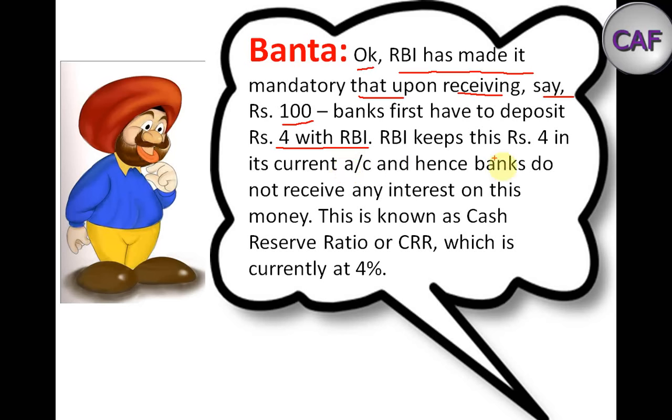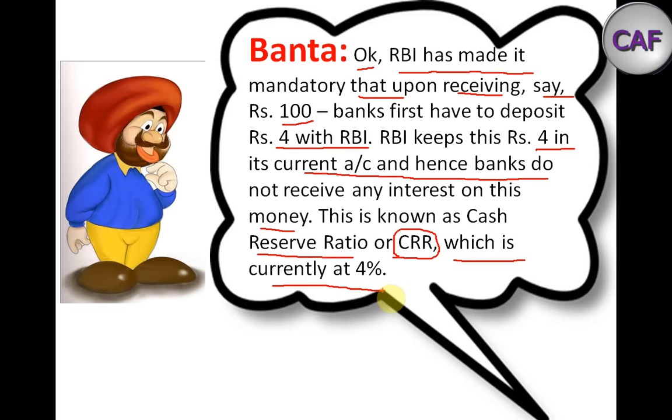RBI keeps this 4 rupees in a current account and hence the bank does not receive any interest on this 4 rupees. This is known as cash reserve ratio, that is CRR. So guys, I know you have understood the actual functionality and meaning of cash reserve ratio. And CRR is currently 4%.